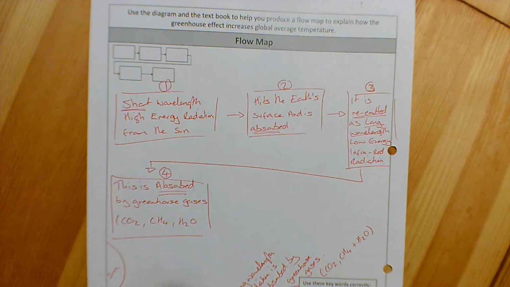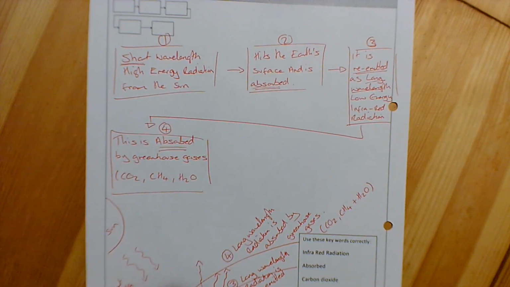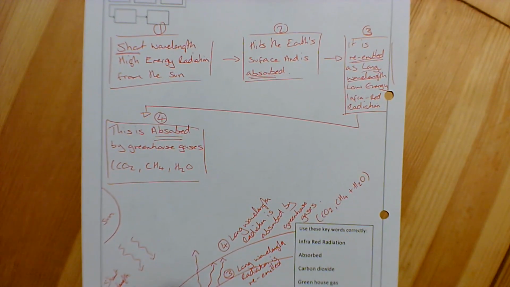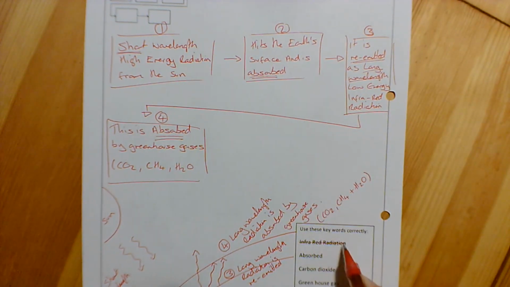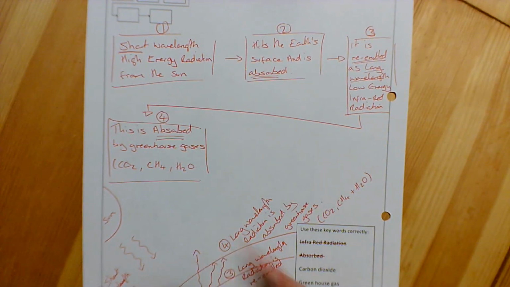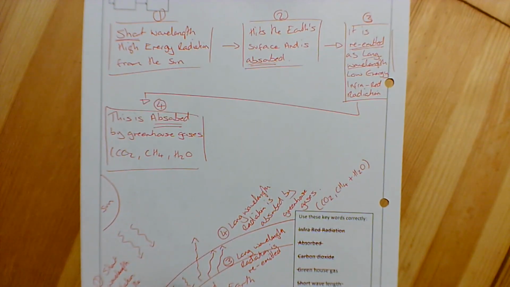It is not trapped and it is not reflected by the greenhouse gases. So 4 steps to the greenhouse effect you need to make sure that you know and that you are familiar with. And let's just make sure we use all our key words. Did we mention infrared? Yes, we did. We mentioned absorbed. Yes, we mentioned carbon dioxide, greenhouse gases, short wavelength, long wavelength. This is key terminology that you must be using in your answers.